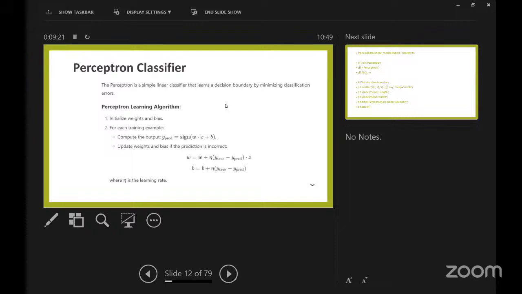Check it once. So here, by updating the weights and the bias, we are going to do the prediction. What is the prediction formula? The prediction formula is W into X plus B. B is not a constant variable, B is the bias variable.